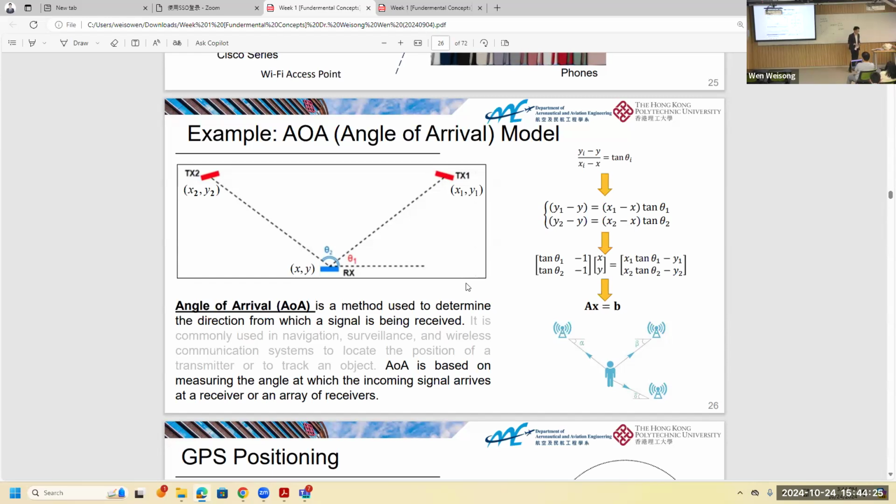So how do we find the best fitting? If I provide 5 points, 1, 2, 3, 4, 5, the best curve may be something like this. If you want to find the best line to fit all those points, we have different methods to evaluate the distance from the point to the line.